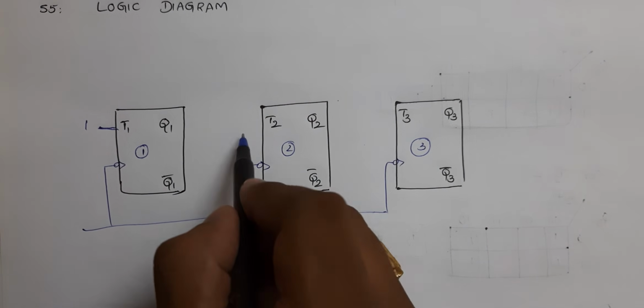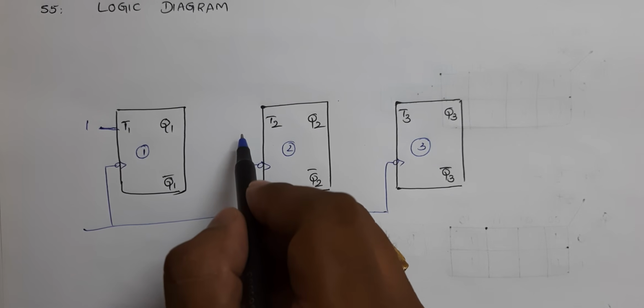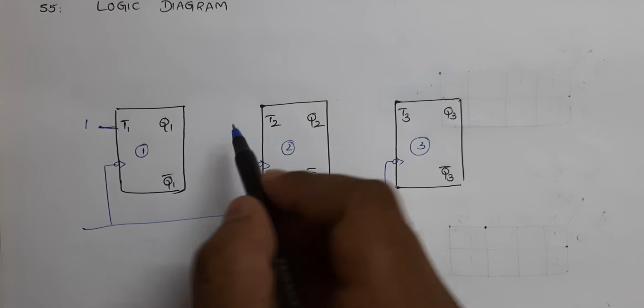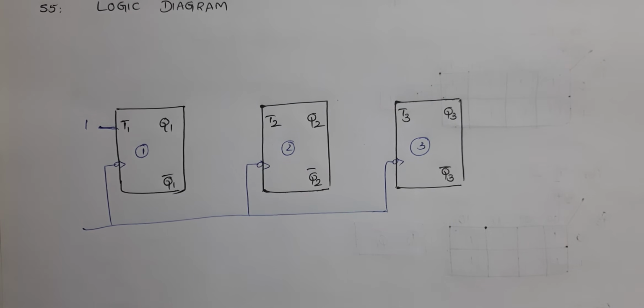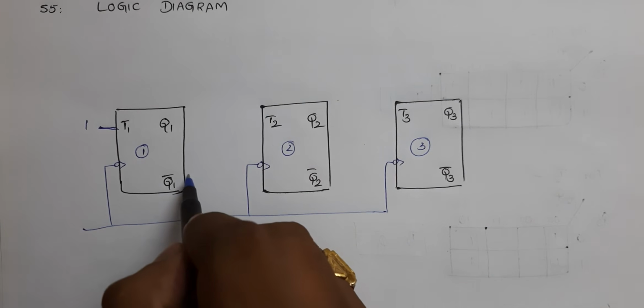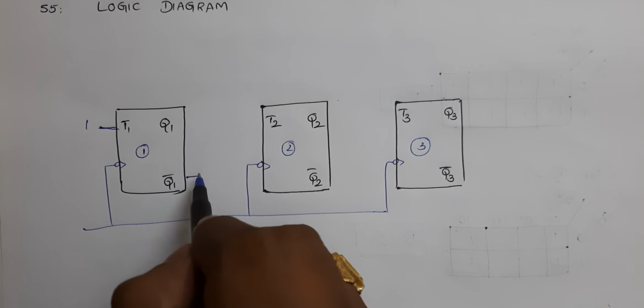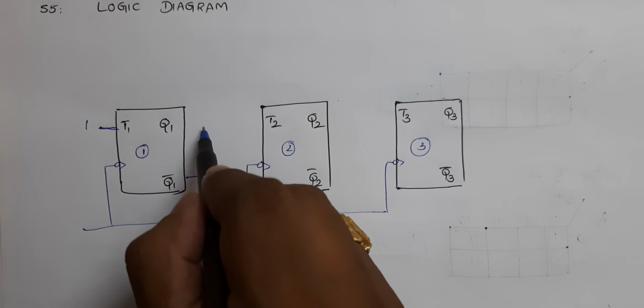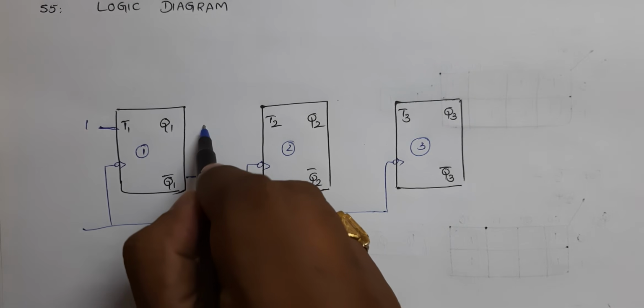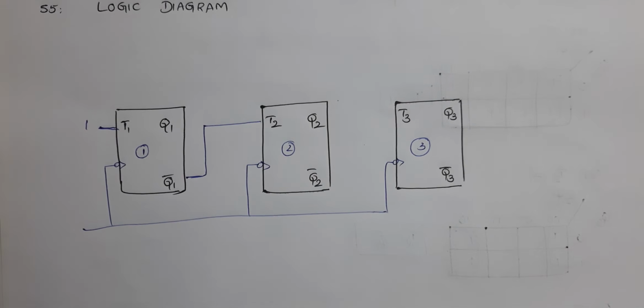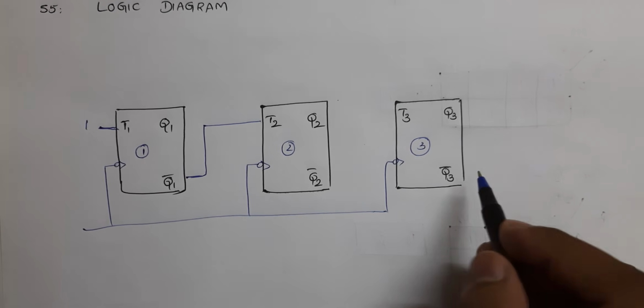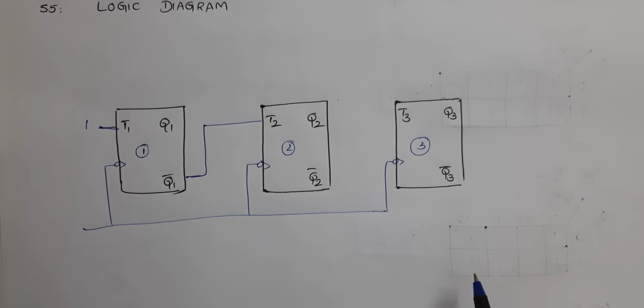For T2, the expression is nothing but Q1 bar, so the input for T2 is collected from the first flip-flop's Q1 bar output, which is connected to T2. And what is the input for T3? T3 is nothing but Q2 bar Q1 bar.